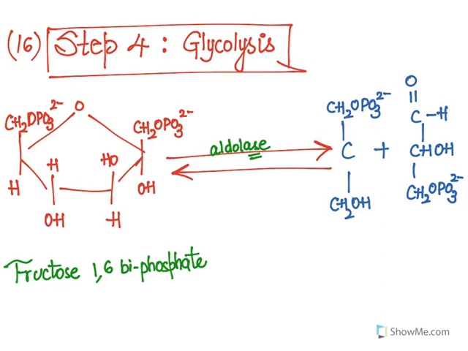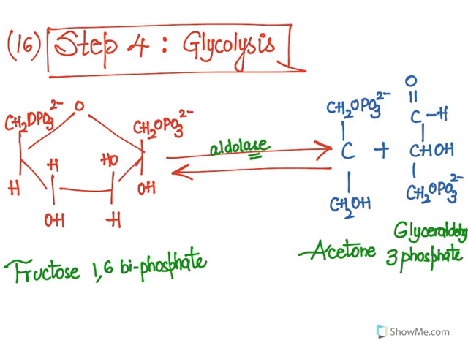Now, what is happening here is basically a totally different reaction, and we'll end up with two products here. This one is acetone, and the name of this product is glyceraldehyde 3-phosphate. Now, why 3-phosphate?